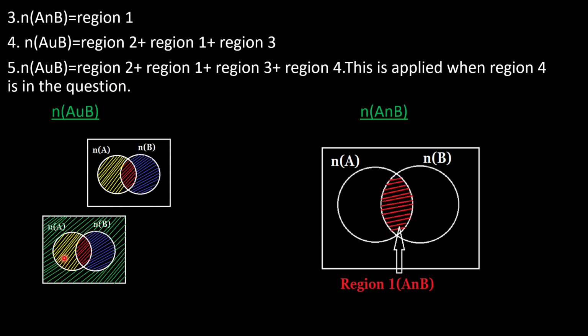Let's notice in this diagram below: region 2, which is yellow, region 1, which is red, region 3, which is purple, and region 4, which is the green color. This also gives the number of A union B. So A union B can be given in two ways: the one in which region 4 is there, and the one in which region 4 is not given.